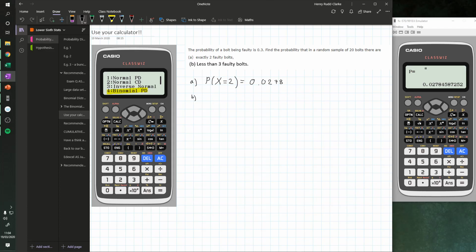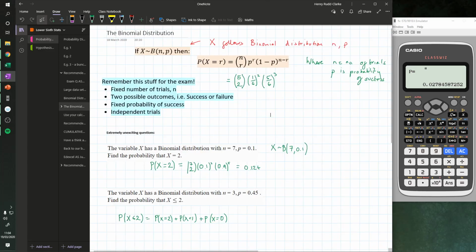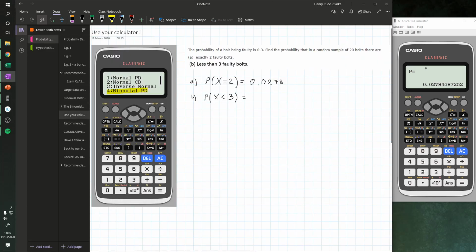Less than 3. We have to be a little bit careful here. We're going to write this out first. Less than 3 is similar to what we had at the bottom here, but it has a different inequality sign. It's just less than, not less than or equal to.